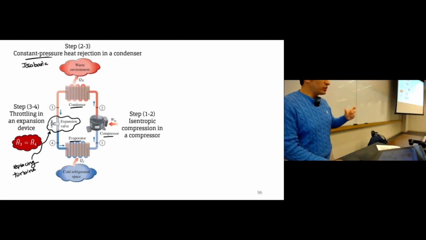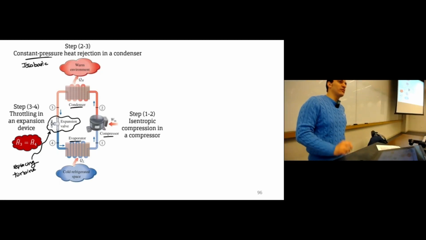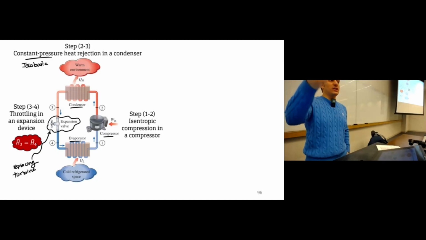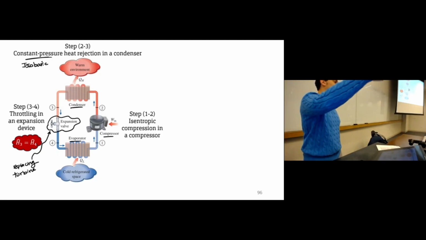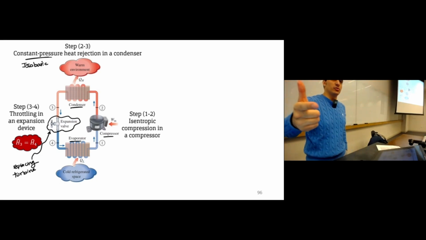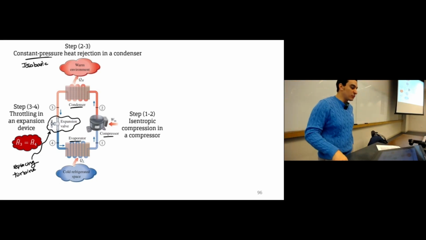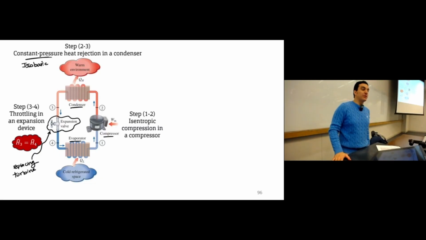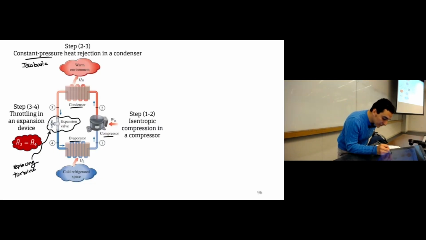When you replace the turbine with an expansion valve, you get a device that can handle two phases. This is number one. And even in the calculations, it saves one step, because the expansion happens at constant enthalpy, so enthalpy at point 3 equals enthalpy at point 4.